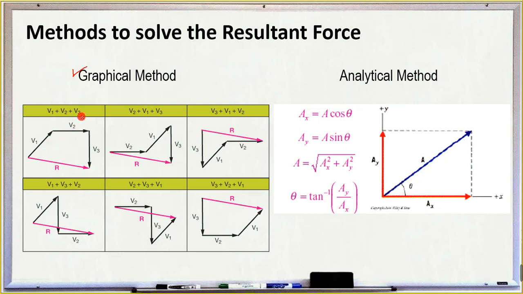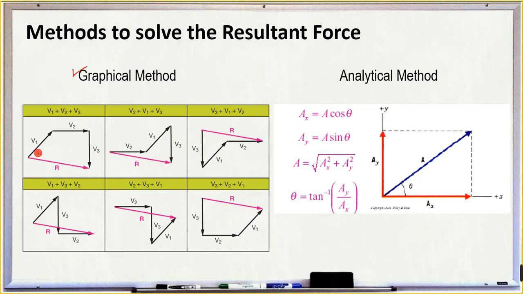In a graphical method, you're going to use a measuring instrument to measure the length of these arrows. That length corresponds to the magnitude of your vector, and the inclination or the position, of course, shows the direction of your vector.